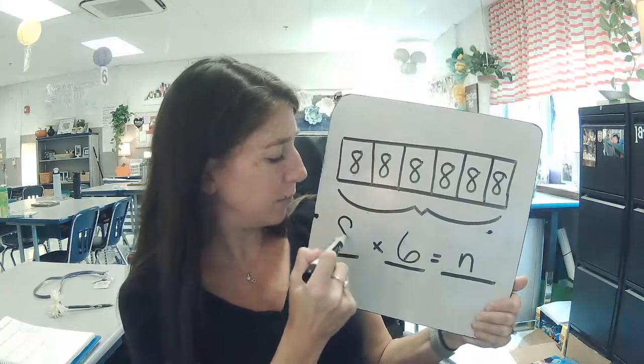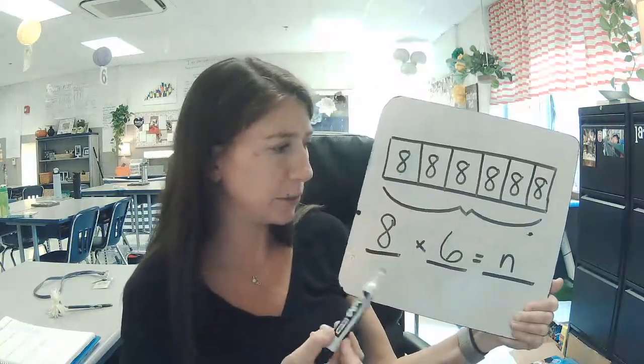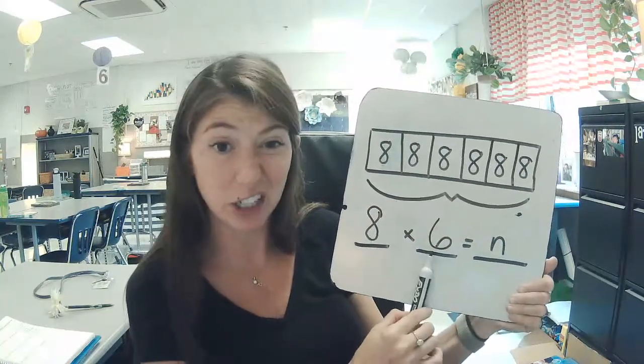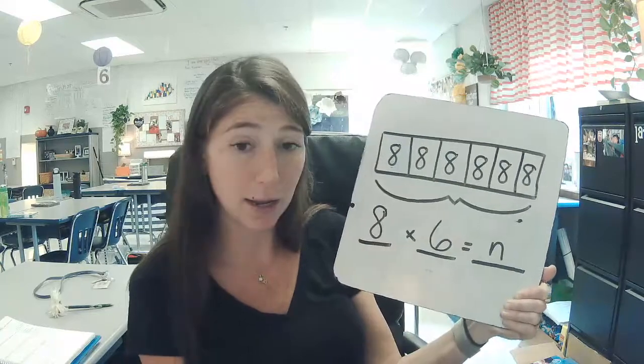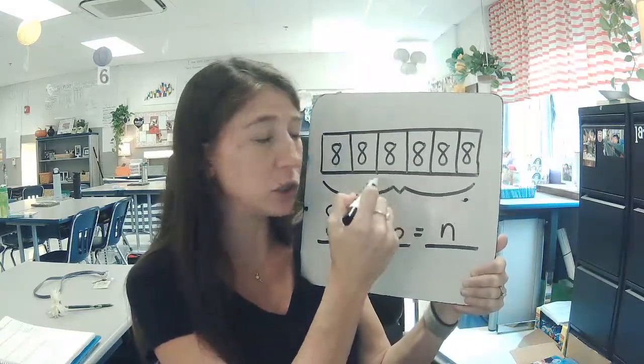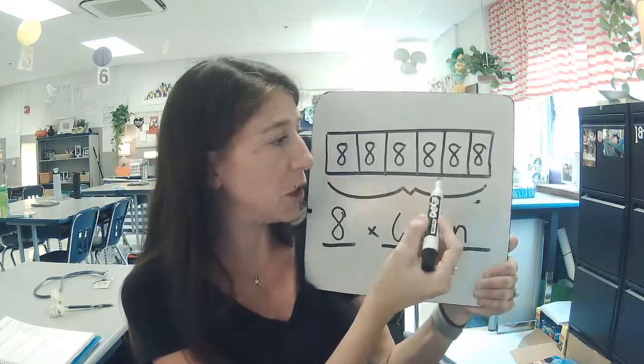And then there's 8 dogs inside of each cage. So if we have 8 dogs in 6 cages, how many dogs are there total? So we're trying to figure out the total product of dogs.